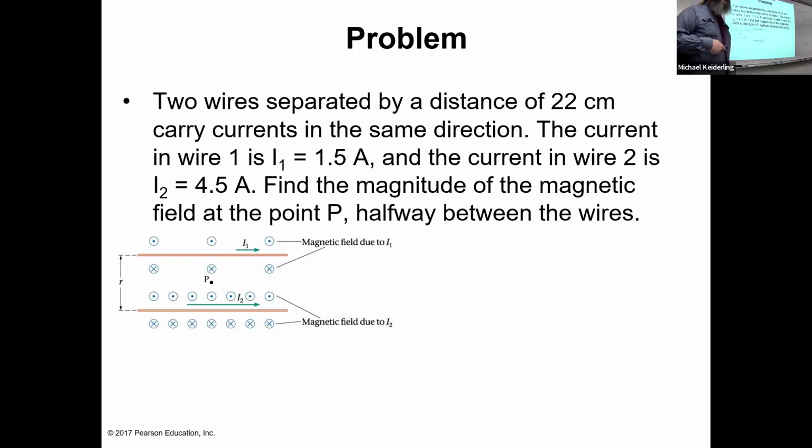From current 1, it's going into the board. So they're going to partially cancel each other out. So what's the magnitude of the magnetic field halfway between the wires that are 22 centimeters apart? And they're carrying currents in the same direction. They'll partially cancel each other out. So let you work on that for a few.